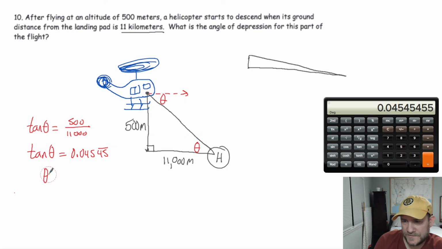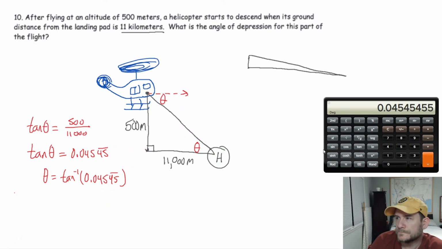So do the inverse tangent. See what we get. Should be teeny tiny. It's only 2.6 degrees, 2.60 degrees.